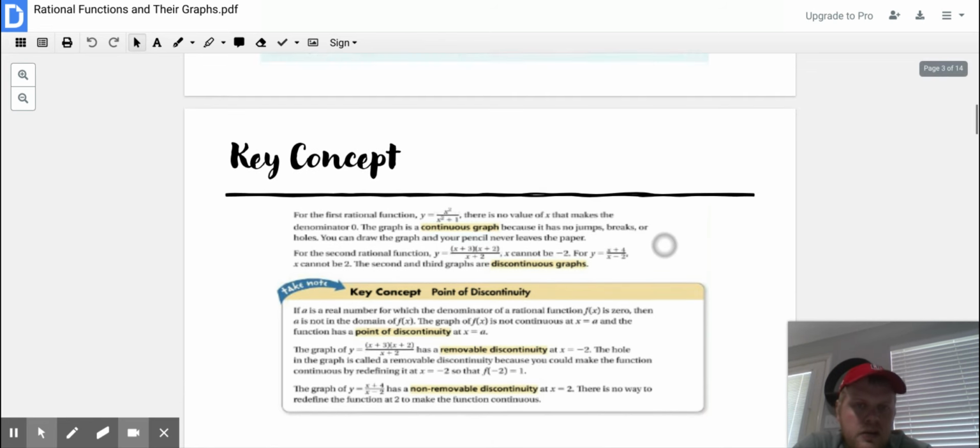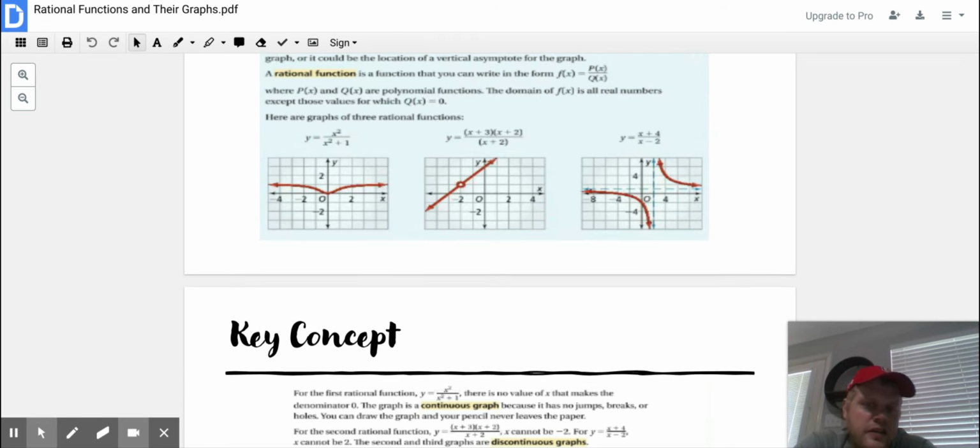So let's go back and look at those over here. As we can tell, this first one is a continuous graph. There is no point at which we ever come to a stop, and there's no asymptote. In our second graph, there is only one point where x cannot equal what it can't, and that is when x is negative 2. So on our graph there would be an open circle, which makes this graph a discontinuous graph.